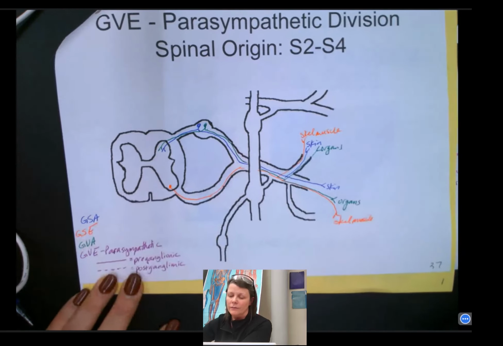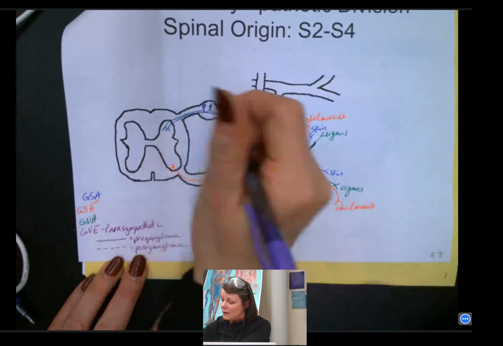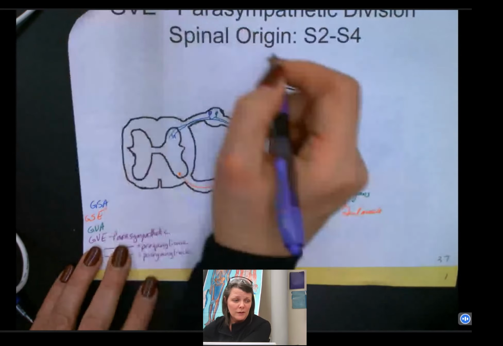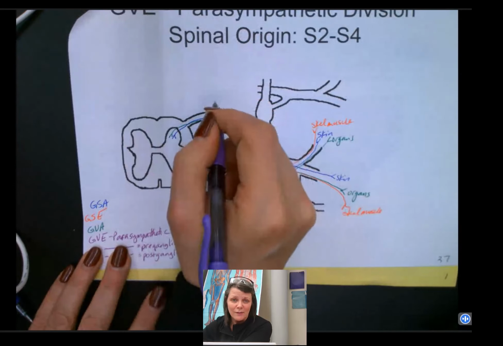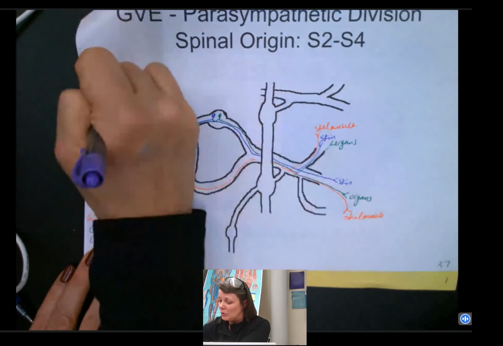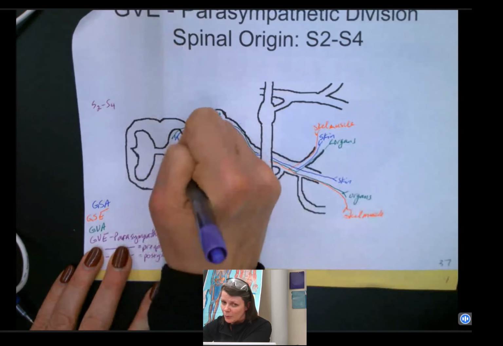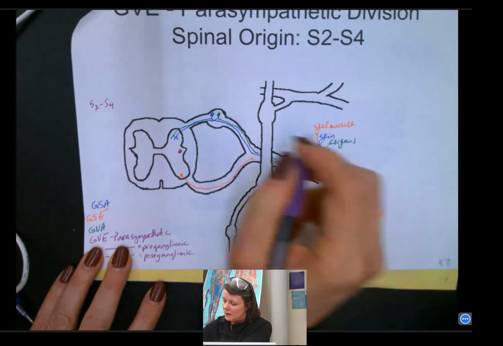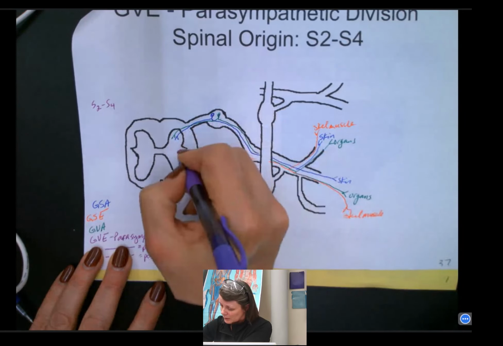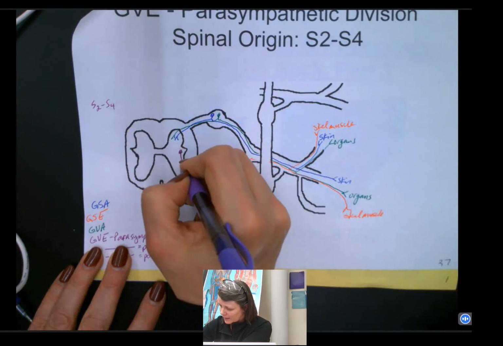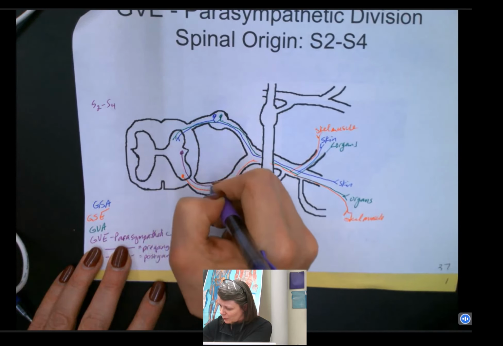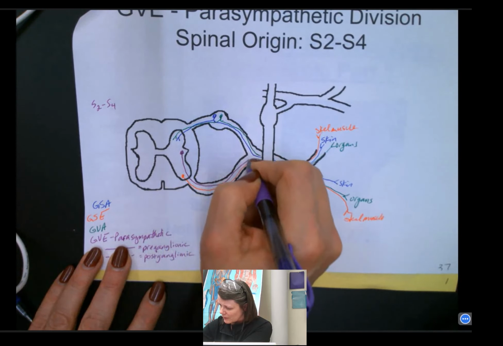And then finally, the purpose of this, in S2 through S4, and it doesn't matter which level that we're at, somewhere between S2 to S4, we're going to have our preganglionic neuron in the lateral horn, the cell body, and the axon's going to travel through the ventral root because all motor does.